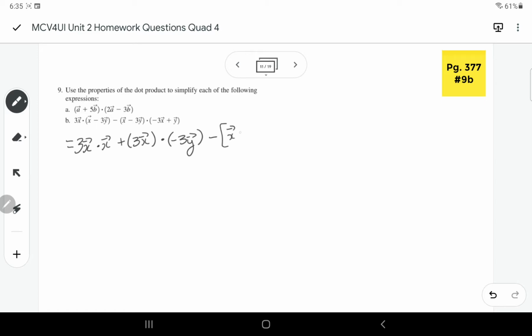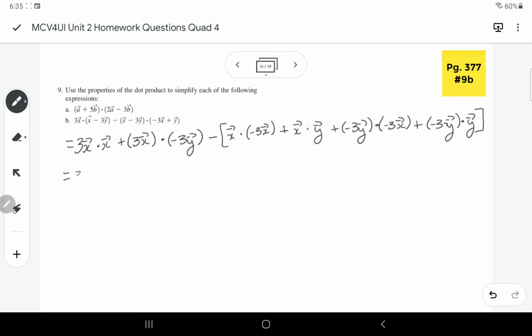So here I'm distributing the x dot the negative 3x and the x dot the y, and then the negative 3y dot the negative 3x. It does work just like FOIL. But I'm just trying to show it in more steps so that we're really clear about what properties of the dot product we're using.